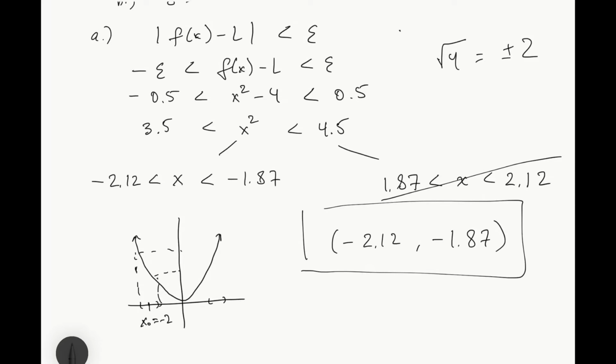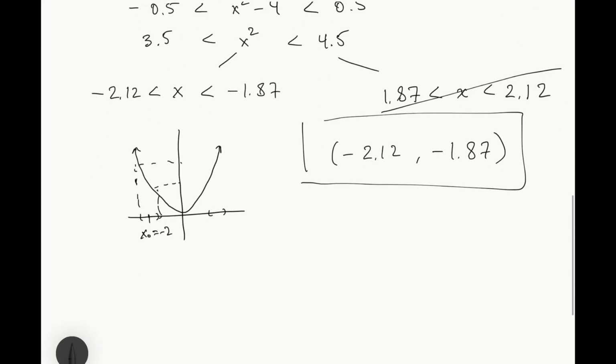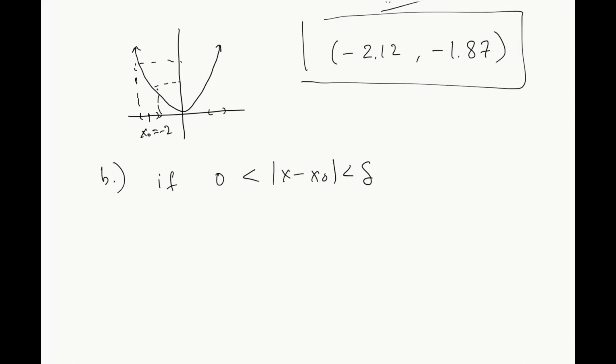From here, they want us to find delta. If you remember, graphically, we want delta to be a value such that if x minus x0 absolute value is less than delta, then we would want our f of x minus L in absolute value to be less than epsilon.